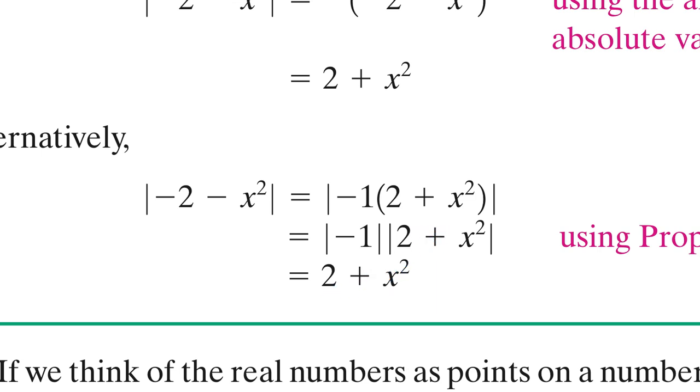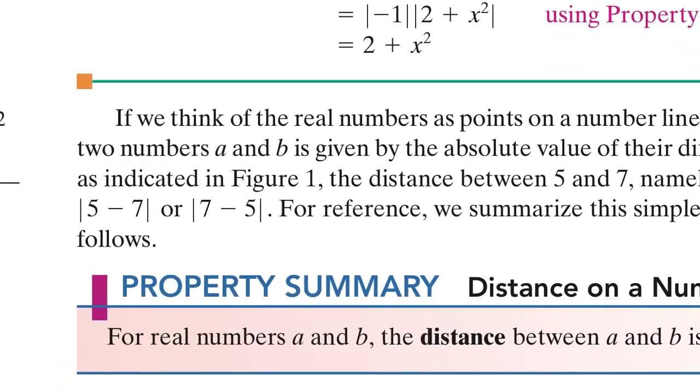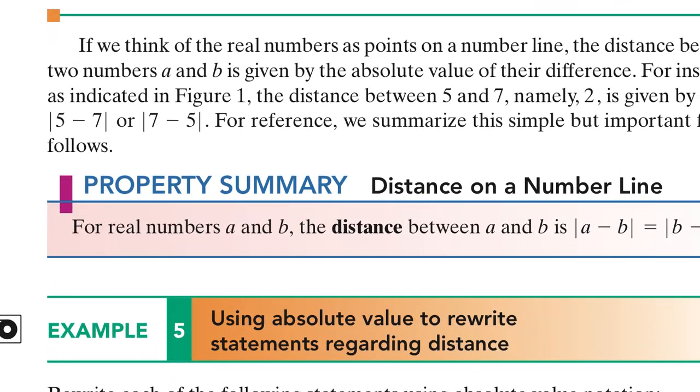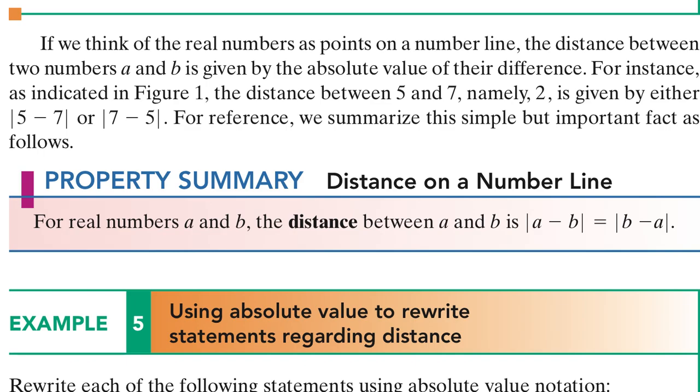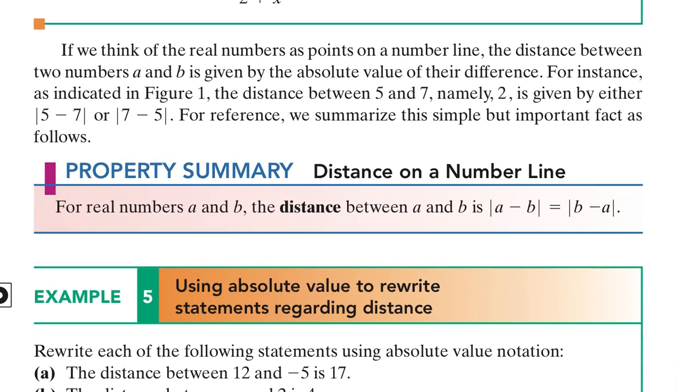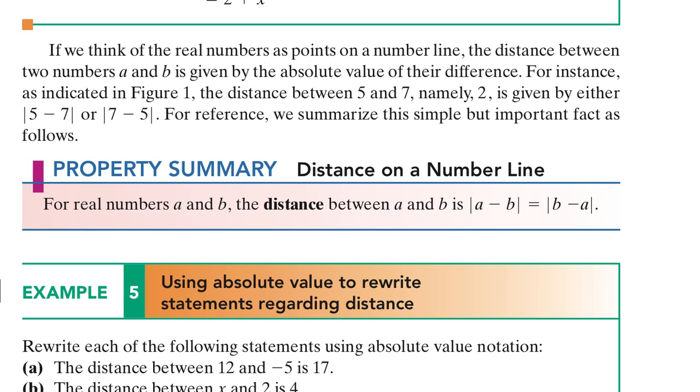So there's that. If we think of numbers as points on a number line, the distance between any two numbers is given by the absolute value of their difference. Easy. For instance, the distance between 5 and 7, which is 2, is given by either doing this or this.